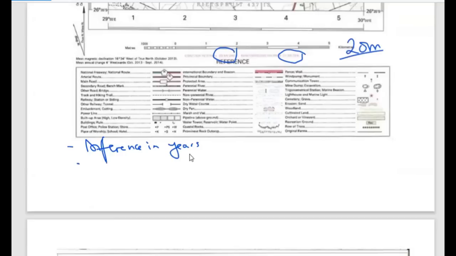Then you also determine the mean annual change. Then you're also supposed to determine the total change. Then you get your current declination.